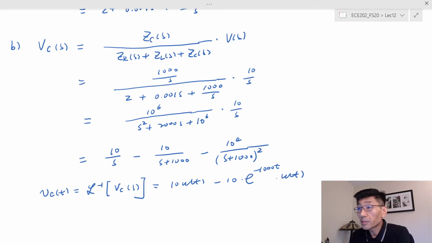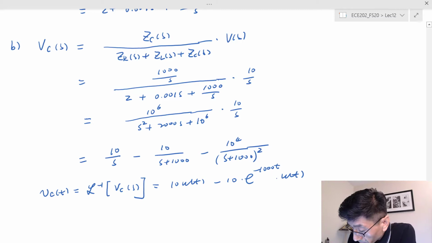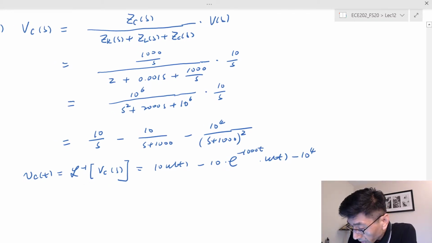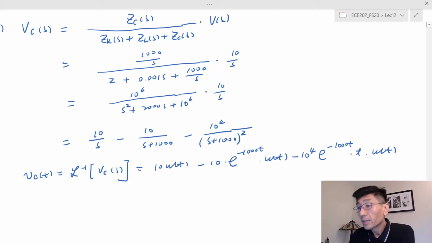And the last one here is minus 10 to the power 4, and in this case you have the ramp function, because 1 over S squared is the ramp function, right? So you have e to the minus 1,000 t and t times u(t), and that's the inverse Laplace transform, the voltage across the capacitor.